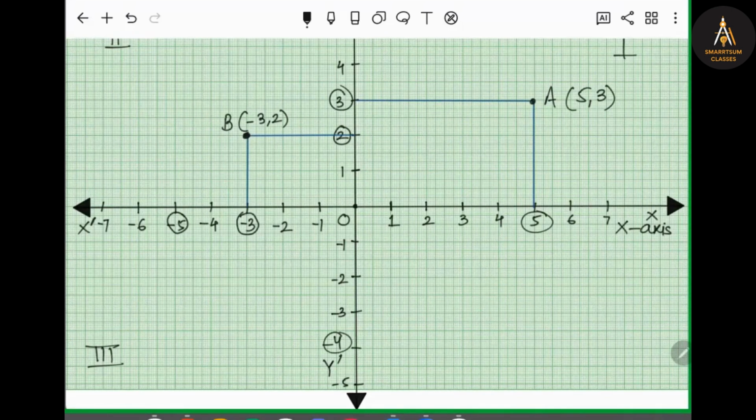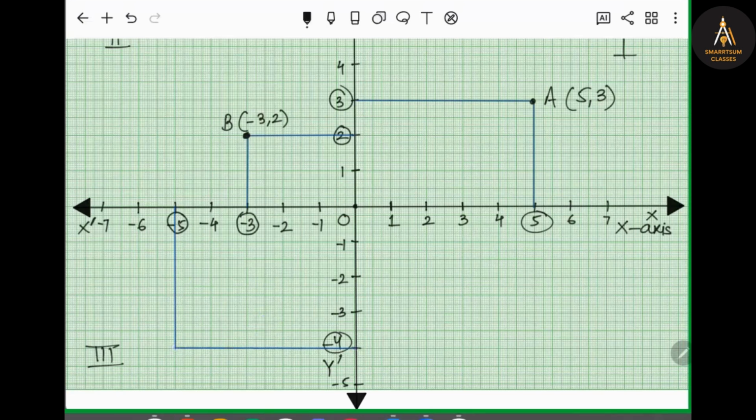Okay. Now draw the lines from here. You can use the dotted lines. And go till minus 4. Please use a sharpened pencil to do this. Similarly, you can go this side. Okay. And this will touch minus 4 on the y-axis.